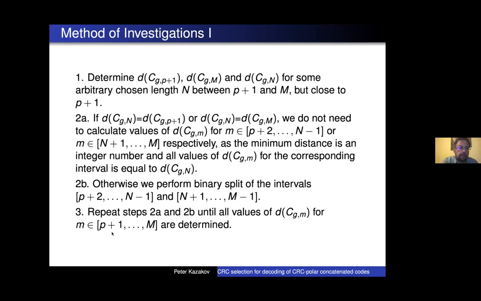So we made some sort of slight modification of this algorithm: divide the interval by 2 to check the value, and if it is equal to one of the other values, say, okay, we don't have to look further in this interval. If it is different, say, okay, we have to do the next split somewhere in between.